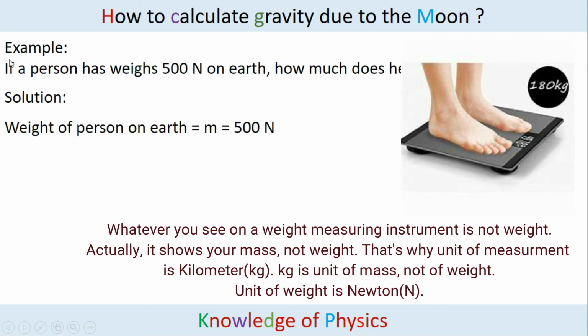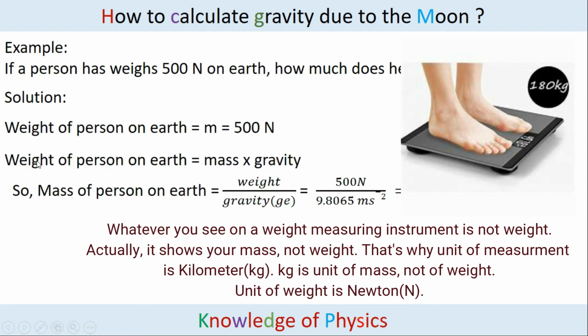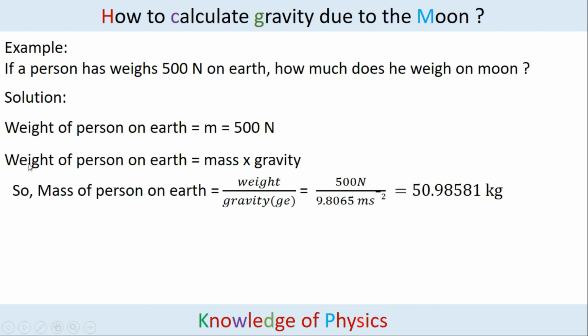So, solution: the weight of the person on earth is this much, and the relation of weight and mass is this: mass times gravity is weight. So the mass of the person is weight divided by gravity, that is 500 Newton by 9.8008065 meter per second squared, that gives 50.98581 kg.